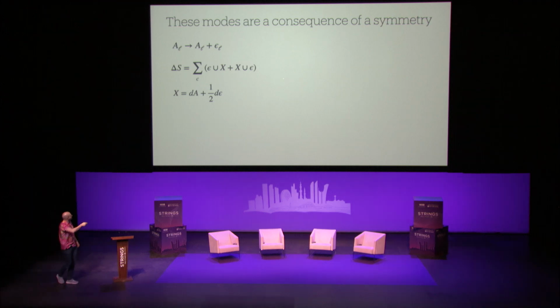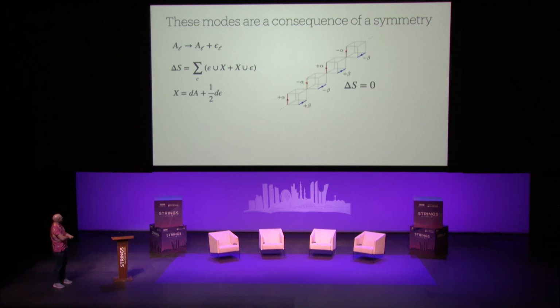In fact, if you look at the model we had, these extra zero modes are related to a symmetry, and the symmetry goes something as follows. If we just shift A's by an epsilon, local epsilon here, arbitrary epsilon, then you can see that the action changes by this amount, where there is this combination of the cup product, epsilon cup x plus x cup epsilon.